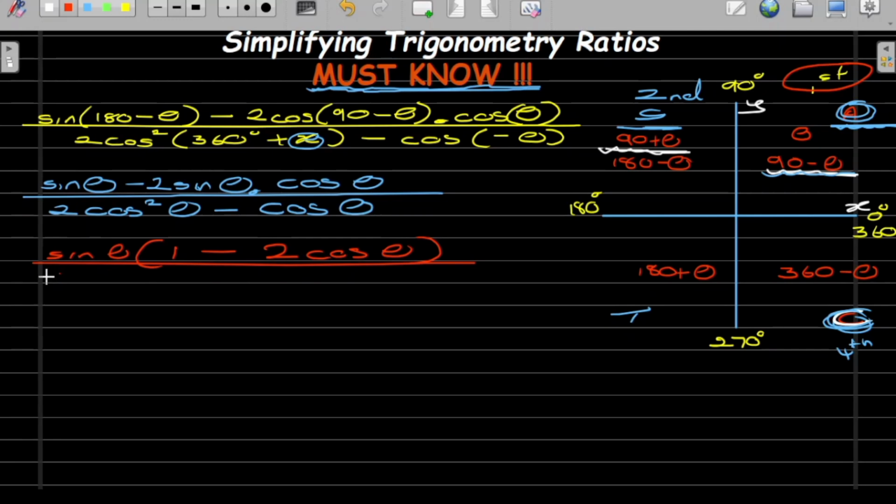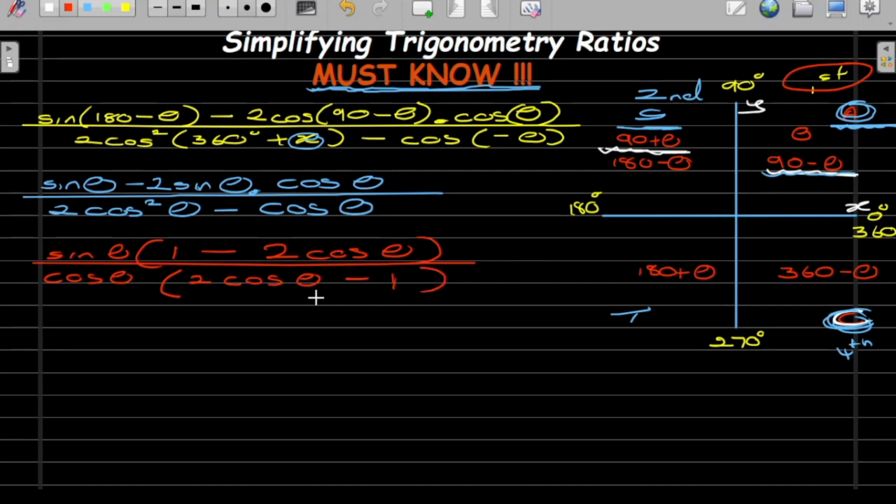So here we're going to factor out cos theta like that. And what we have now is 2 cos theta minus 1.